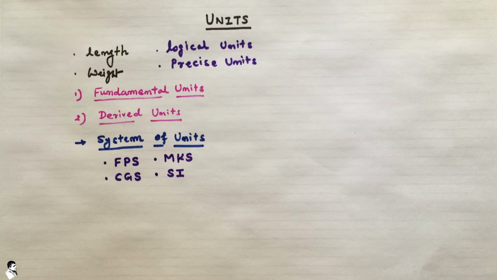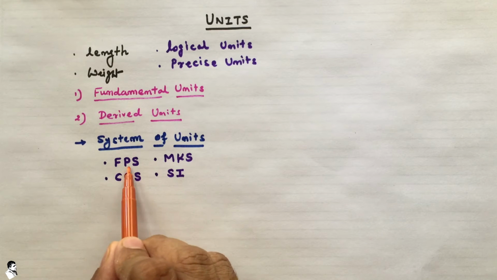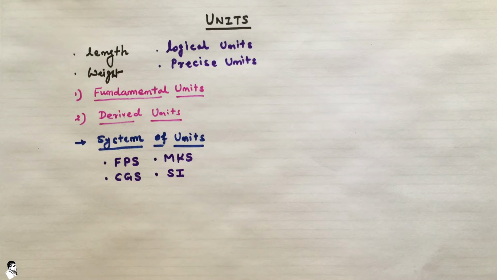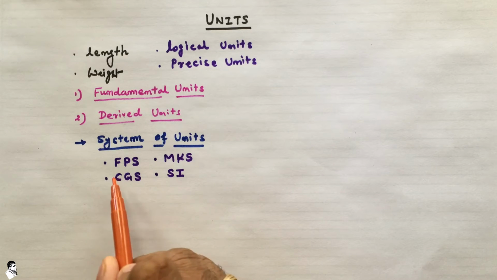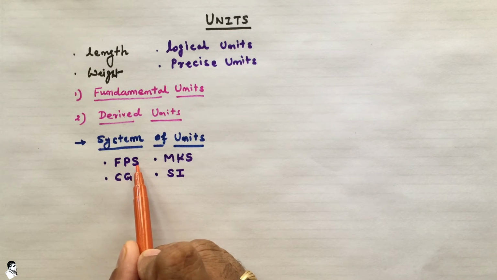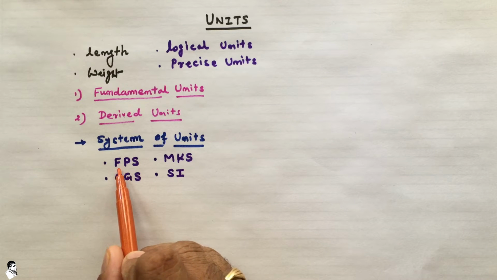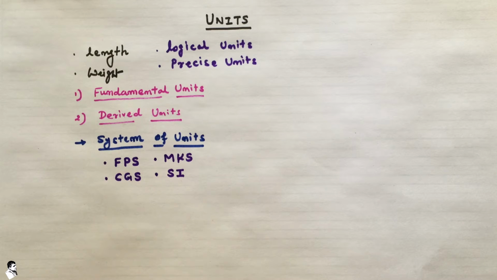Now if we talk about the methods available in system of units, the USA generally uses the foot, pound and second system, and in India also some measurements are noted in the FPS system.